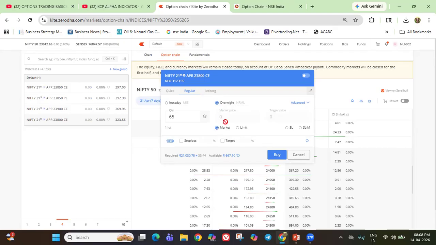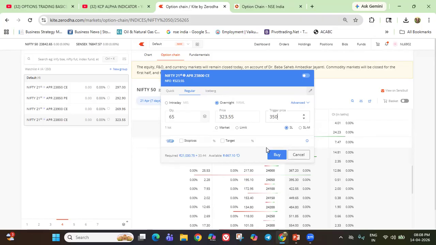When you're entering, enter with a limit. So put the limit so that when the market comes to 325, 323, you buy, and you can also enter a target price and a stop loss. For example, if I'm predicting that the market will go up to 350, I can go for 350.